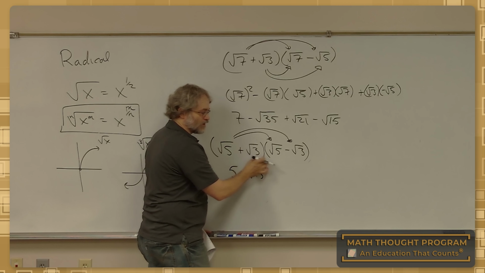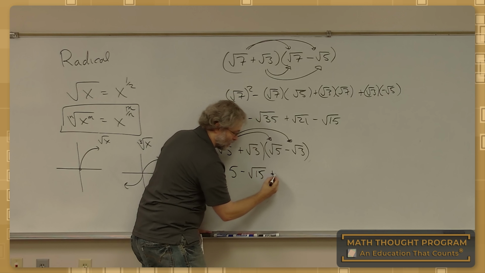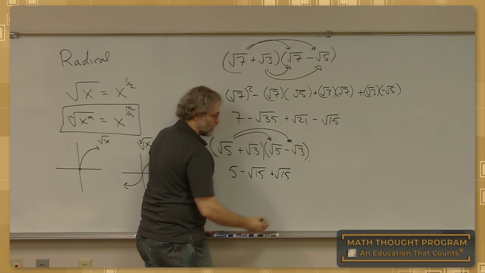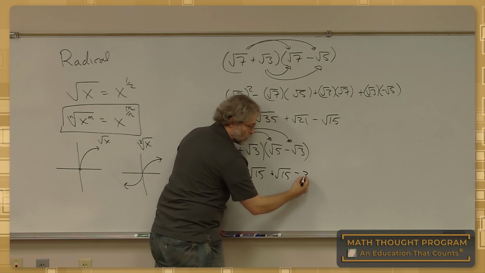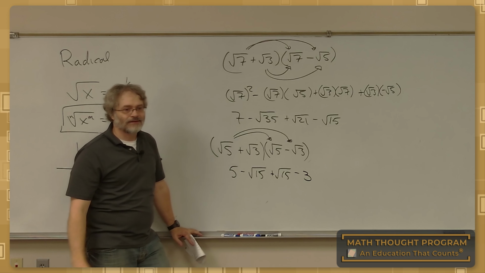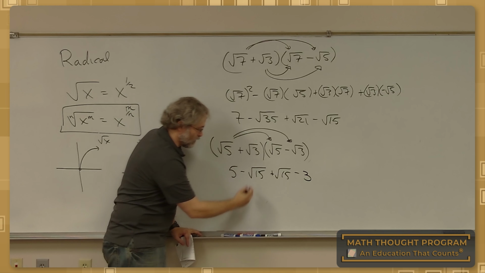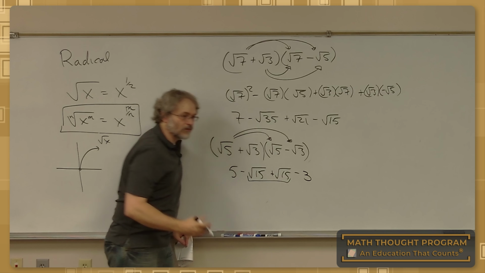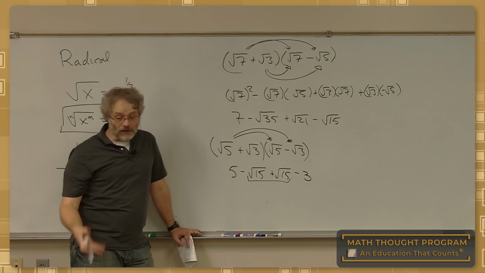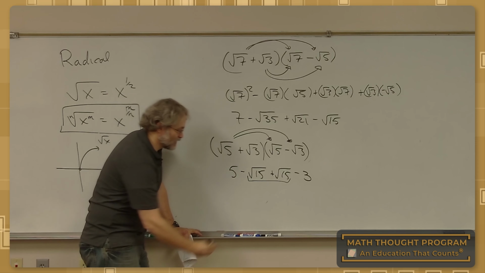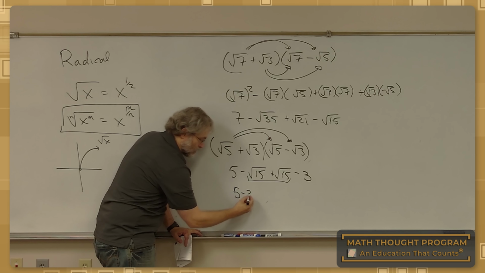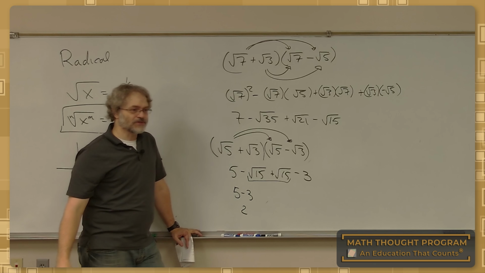And then you have a root 3 times a root 5. And then lastly, you're going to have a root 3 times a negative root 3, which is going to get you negative 3. Well, right here, you can simplify it down a little more, because those are going to be your like radicals. And in fact, this is going to negate. This is going to zero out. And you get a value of 2.